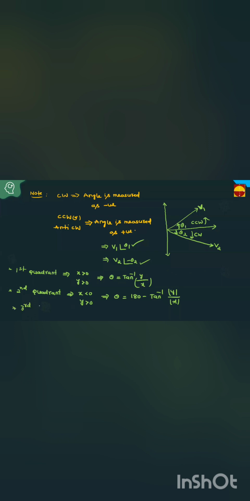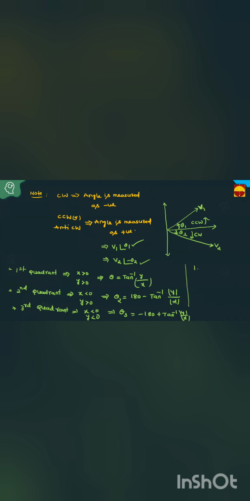Third quadrant. How can we measure the angle in the third quadrant? Third quadrant: x less than 0, y less than 0. How can we calculate it? Theta 3 equals minus 180 plus tan inverse y by x, but you substitute the modulus.